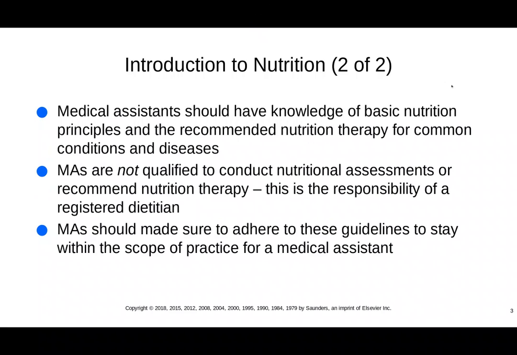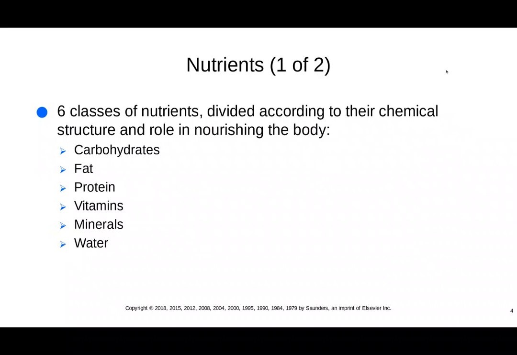So medical assistants, it is within our scope of practice to provide education on nutrition therapy once it has been prescribed by a healthcare provider. Okay, so that's why we're going to spend the whole week this week learning about nutrition.